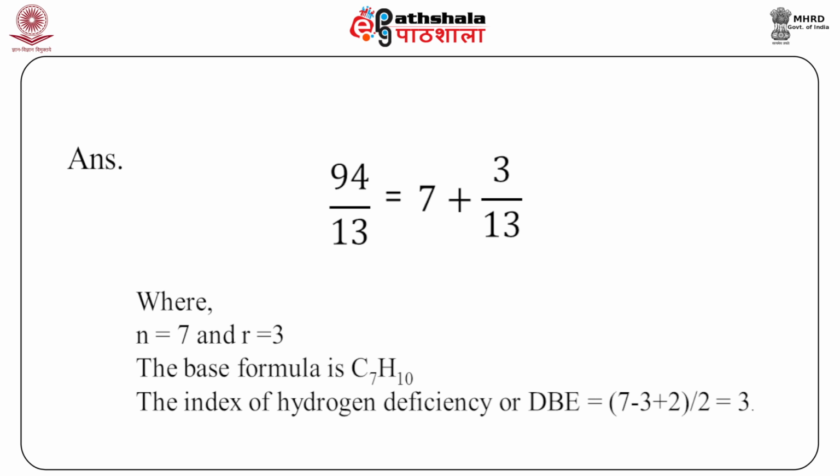Now that gives you n equal to 7 and r equal to 3. Now the base formula is C7H10, that is CnHn+r. So the index of hydrogen deficiency or DBE calculated is (7 - 3 + 2)/2, which gives you 3. Now you can make out how a DBE of 3 will be able to tell you about the actual structure based on other information given.